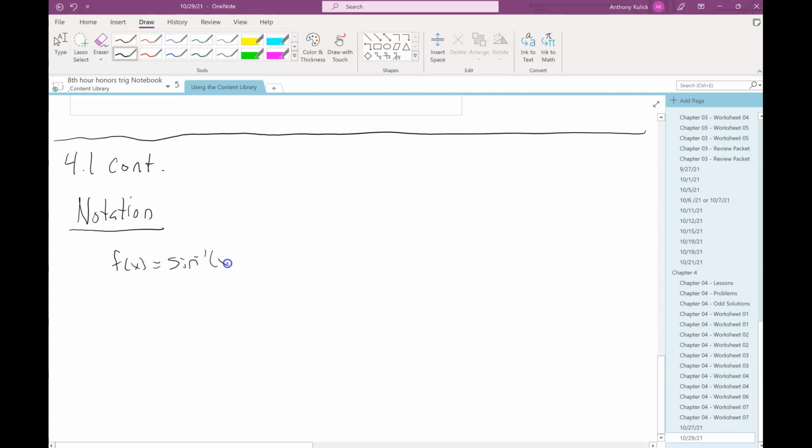In 4.1 we defined sine inverse, cosine inverse, and tangent inverse. There's an equivalent way of writing these, an equivalent notation that for our purposes means the same thing.